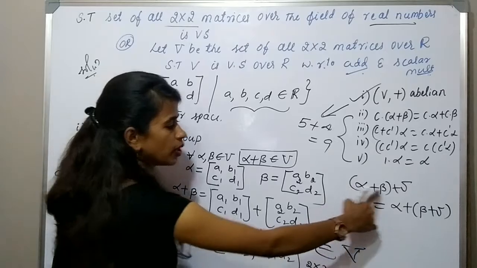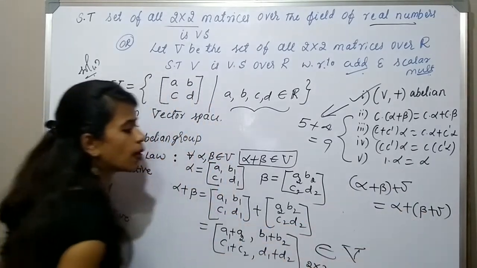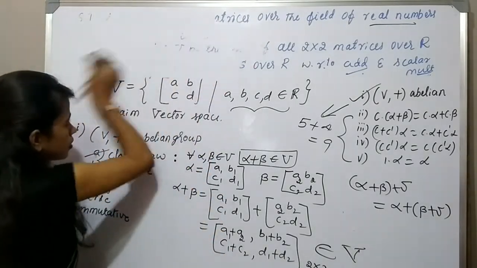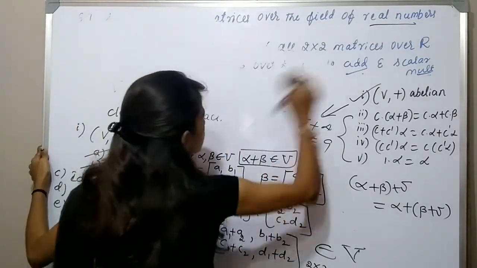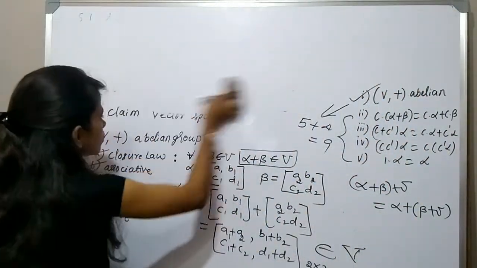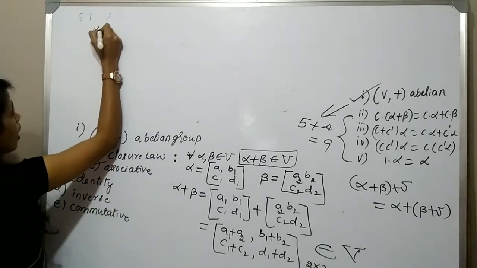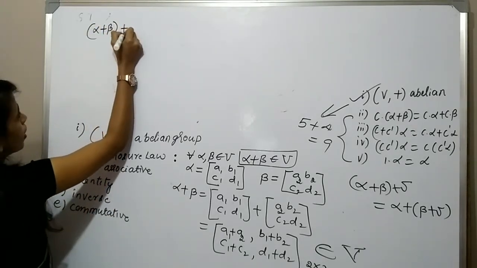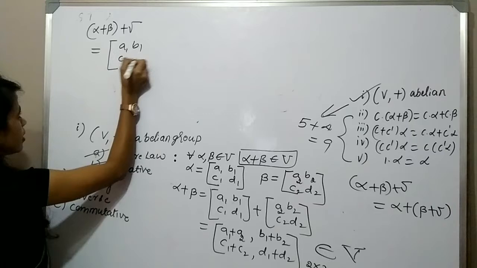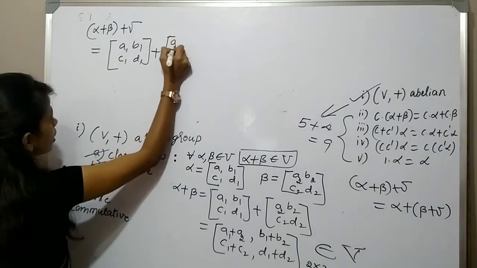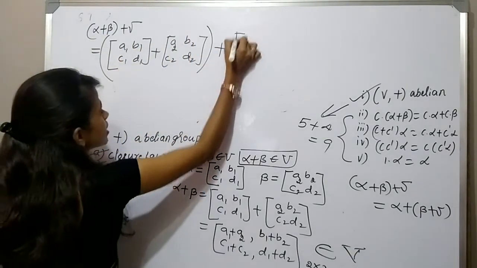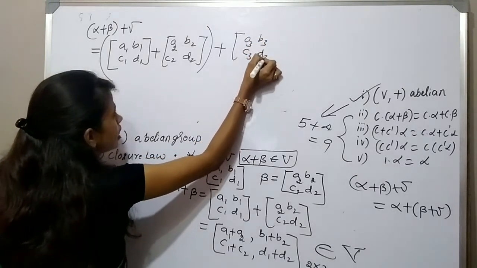Take (alpha plus beta) plus gamma, where alpha is A1, B1, C1, D1, beta is A2, B2, C2, D2, and gamma is A3, B3, C3, D3.